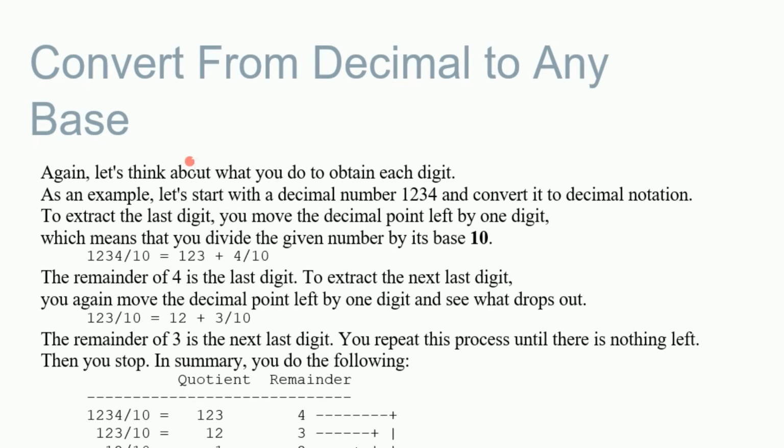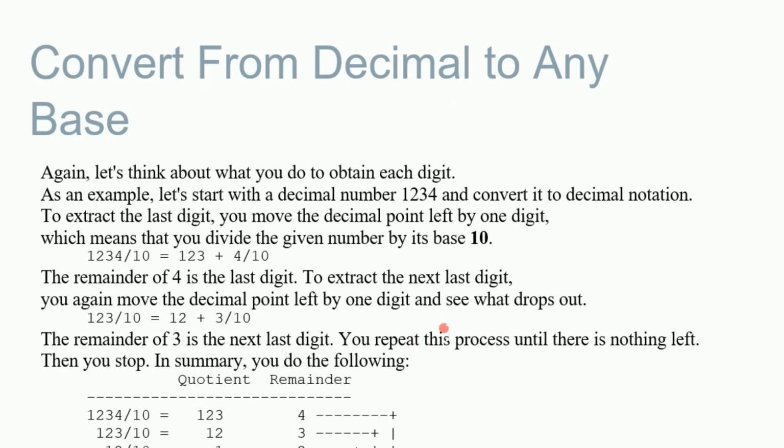Decimal to any base, let us think. We have one decimal number 1 2 3 4, and we want to convert that number to decimal. To extract the last digit, you move the decimal point left by 1 digit, which means you divide the given number by its base 10. So 1 2 3 4 divided by 10 gives 1 2 3 plus 4 divided by 10.